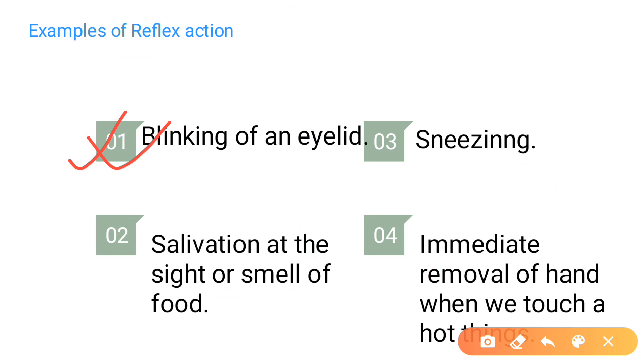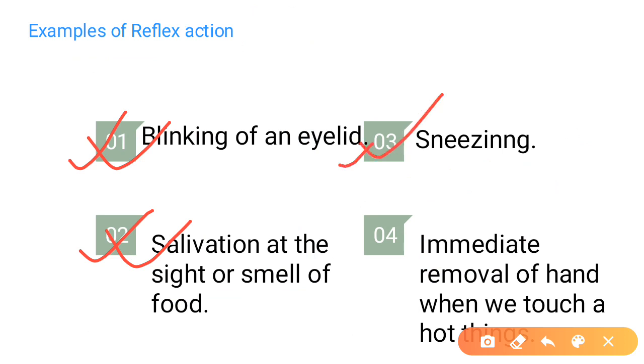Next, salivation at the sight or smell of food. When we see or smell food, saliva is released into our mouth. So this salivation is an example of reflex action.